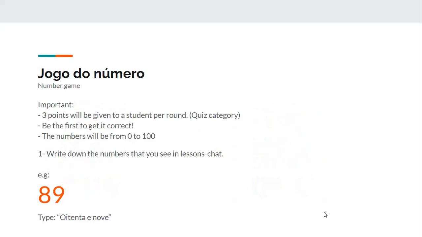And we also played a number game where it counted for our quiz category, but basically we can play this now as well. I will display a number on the slide, and you need to think of this number, how it's called in Portuguese. So for instance, if I display 89, then you would know that this number in Portuguese is 89.